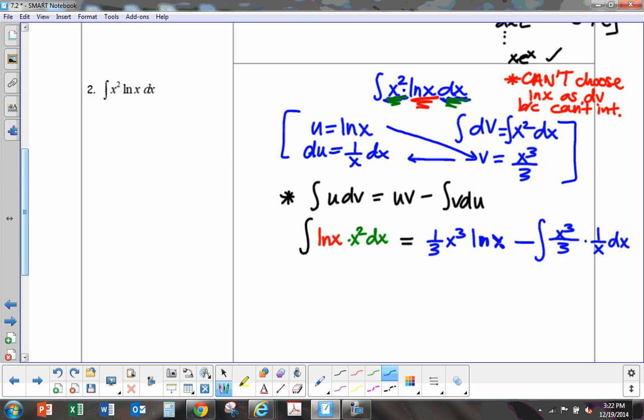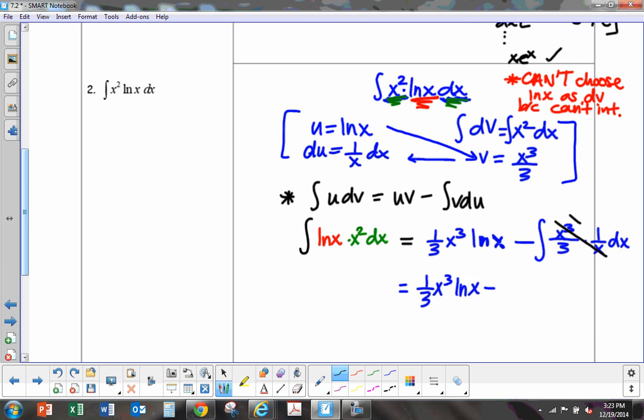And again, like I was telling you at the beginning, it looks like your letters don't match up. But once you see that u and dv are really standing for something else and you get everything plugged back in, the letters really do match up as you integrate. So I can just carry this down. This will be 1/3 x to the third natural log of x minus, and as we're going to integrate, it's going to help us if we clean this up a little bit.